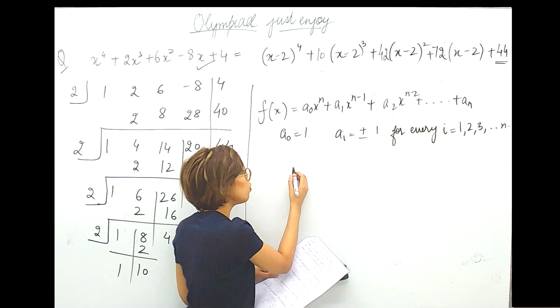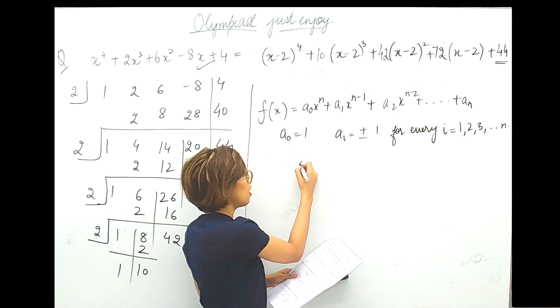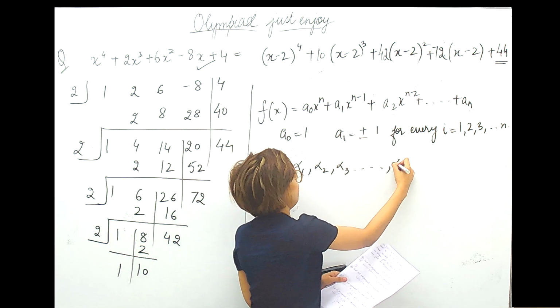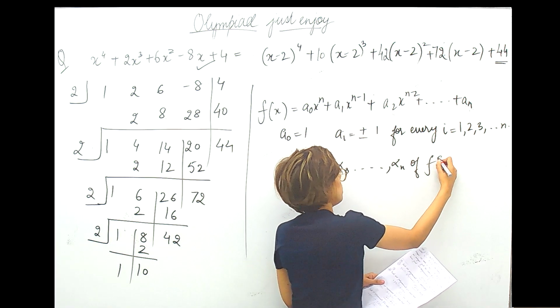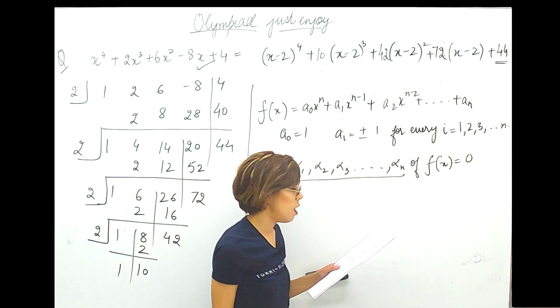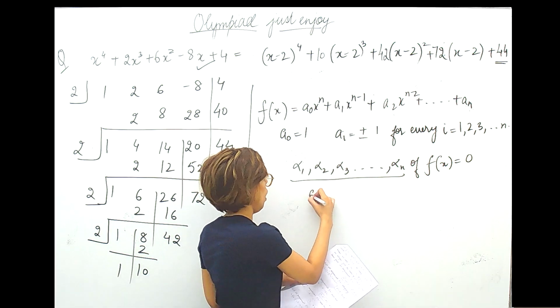Suppose all roots, alpha 1, alpha 2, alpha 3, so on till alpha n of f of x equal to 0. Suppose all these roots are integers.